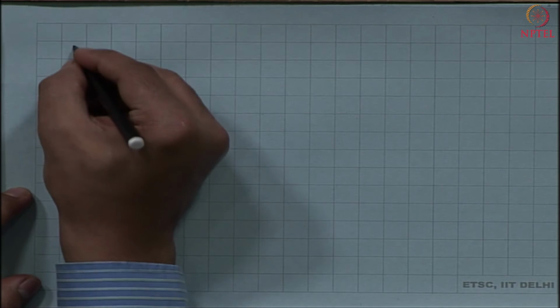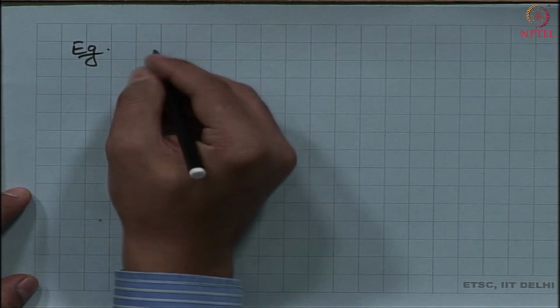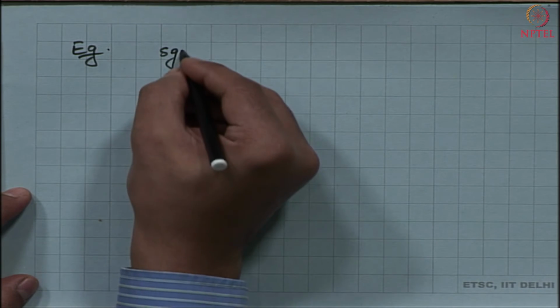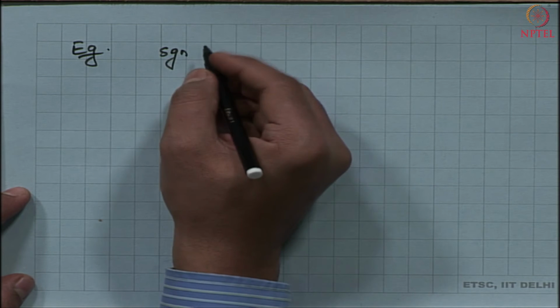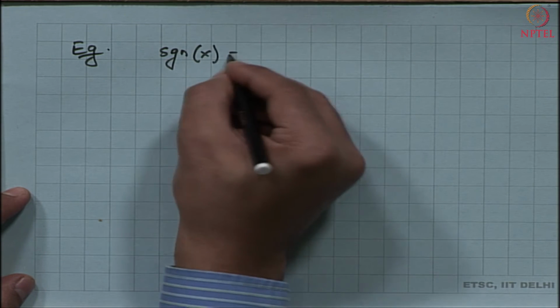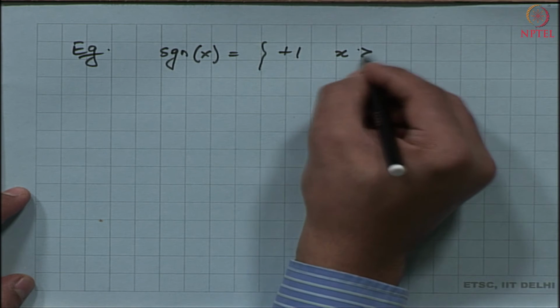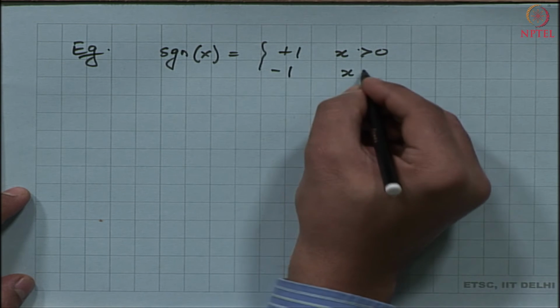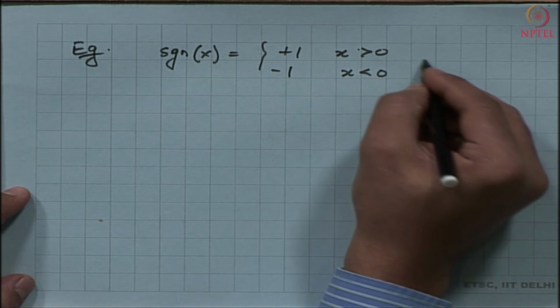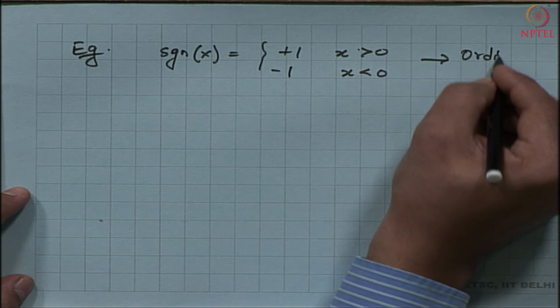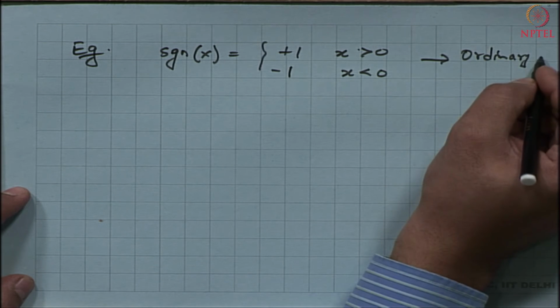There is one more example which is of our importance, the so called sign function. What is the sign function? The sign function is defined to be plus 1 if x is positive and negative 1 if x is negative. This is the ordinary function that I am talking about.